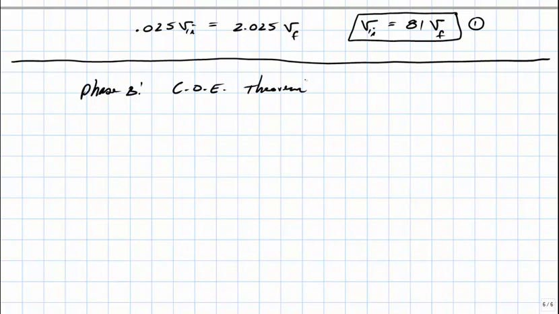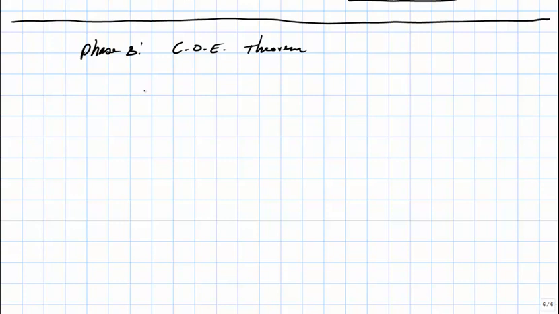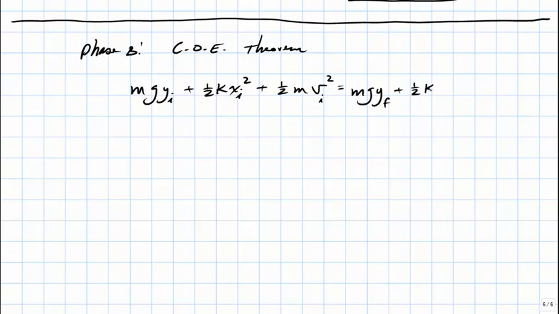Now, the conservation of energy theorem states the following: mgy initial plus 1/2 k x initial squared plus 1/2 m v initial squared equals mgy final plus 1/2 kx final squared plus 1/2 mv final squared. Now, we have two masses within this problem, so the question now is, which mass do we use within phase B? Let's take a look.